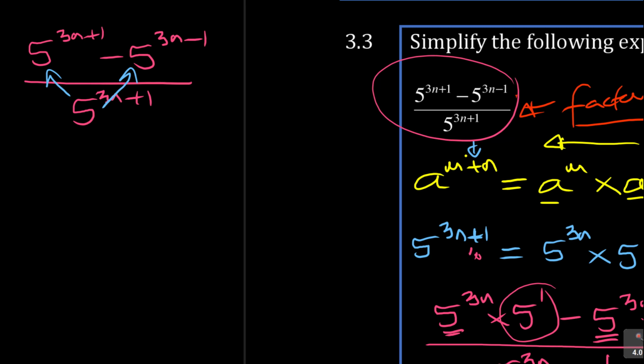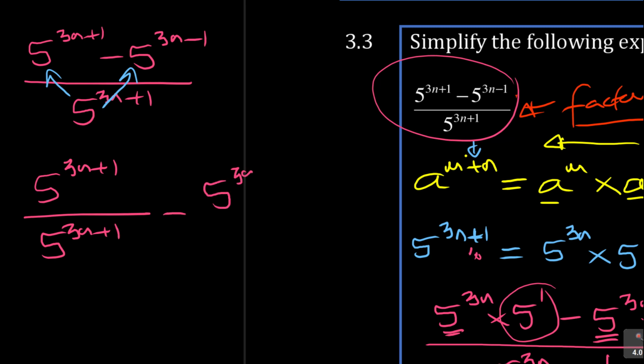So you're going to have it as 5 to the power of 3n plus 1 over 5 to the power of 3n plus 1, same, minus 5 to the power of 3n minus 1 over 5 to the power of 3n plus 1. Then these will cancel out to give us a 1 minus.